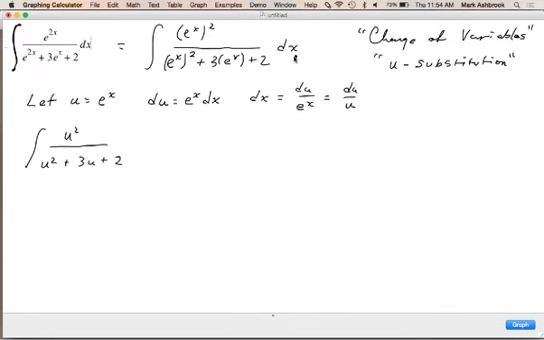So when we change variables, sometimes we can, but we can't just take it for granted that dx is du. It's not in this case and in many cases, so we need du over u. And so then we've got a u squared in the top and a u in the bottom, so that leaves us with u over u squared plus 3u.